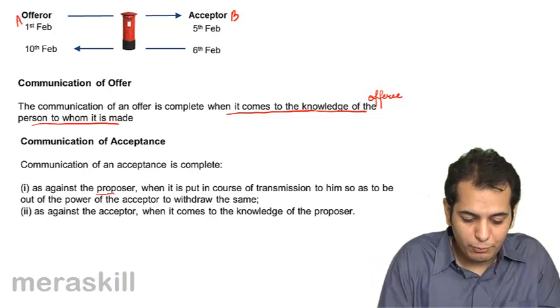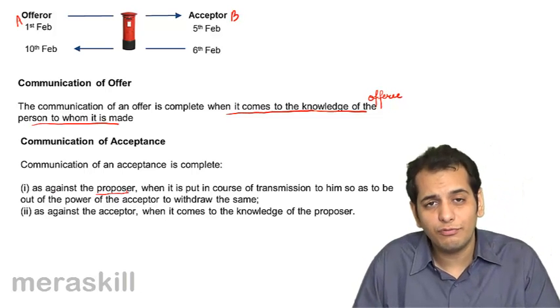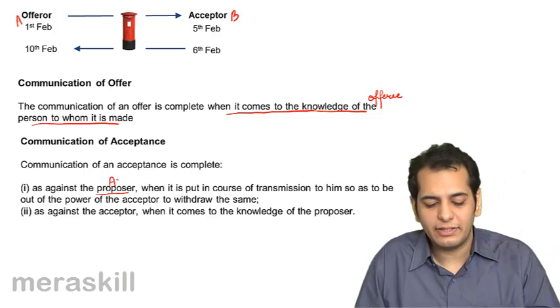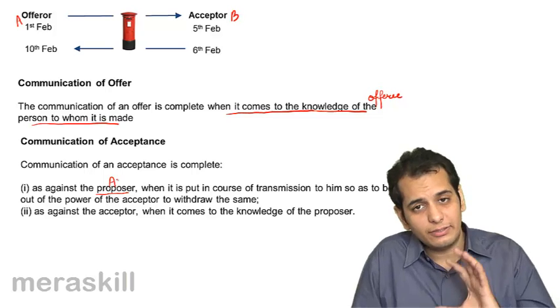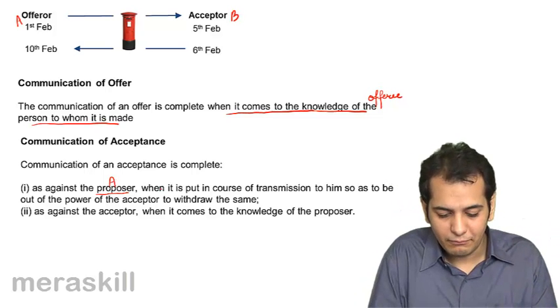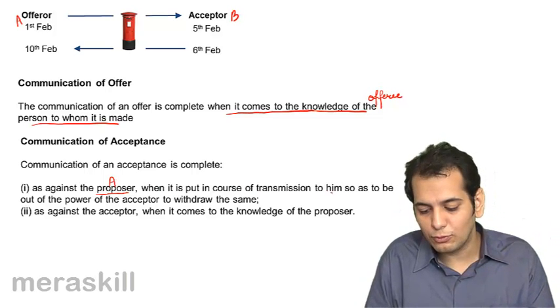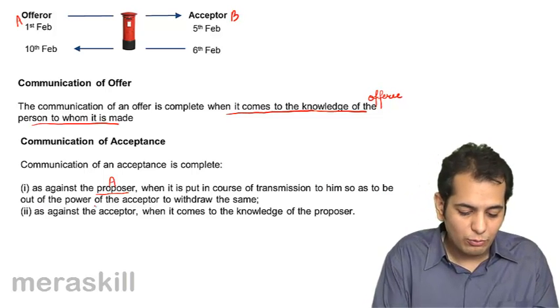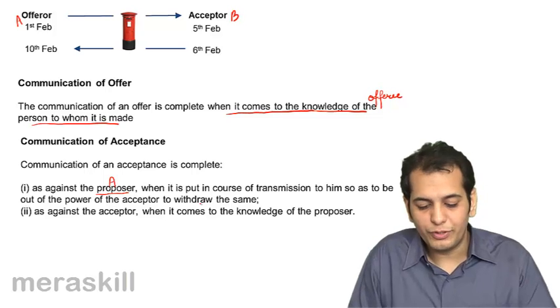For the proposer, that is the offerer, who is A in our case, it is complete when it is put into the course of transmission to him, so as to be out of the power of the acceptor to withdraw the same.